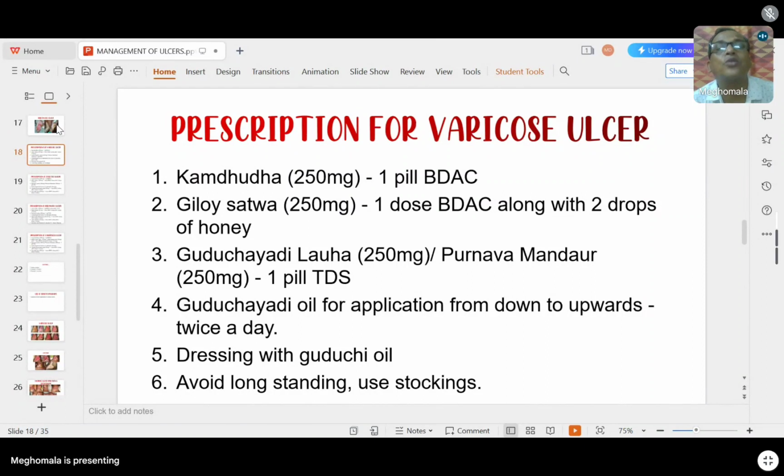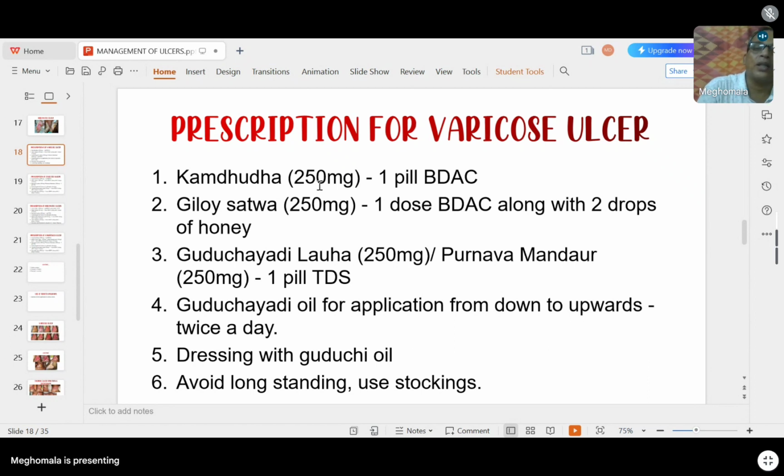In case of varicose veins, if you prescribe only these medicines, nothing else to be done, you will see the effect within 2 to 3 months. The swelling of the varicose vein will come down, and ultimately he or she feels better in walking and so on. There is a little pain.